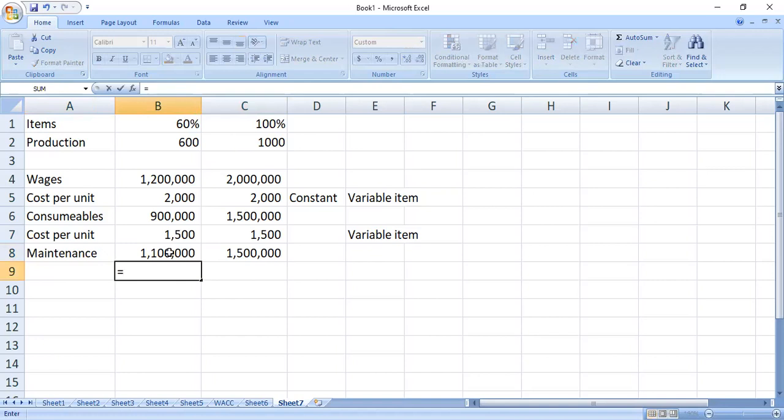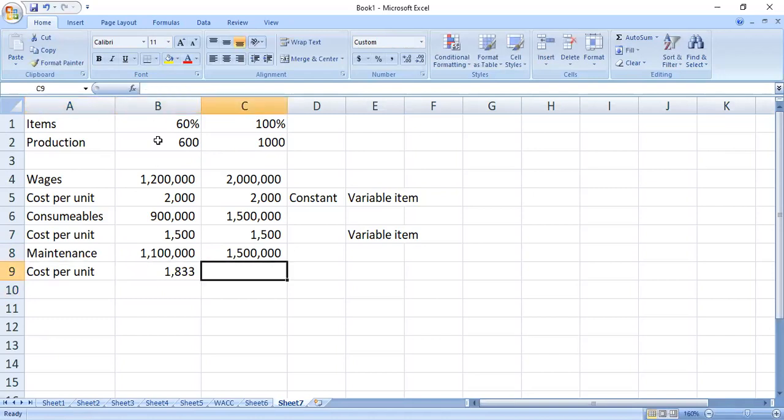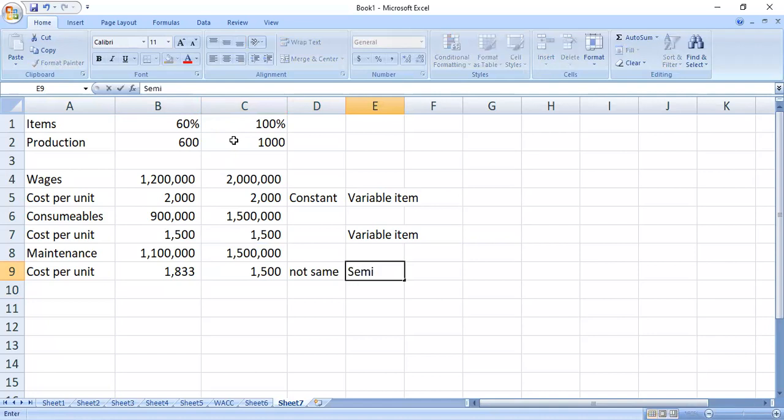You're saying total cost divided by the level of activity will give us the cost per unit. If the cost per unit is the same in both cases, it is variable. For this one, they're not the same, they're different. Now, if they're not the same, we're saying this must be a semi-variable item.